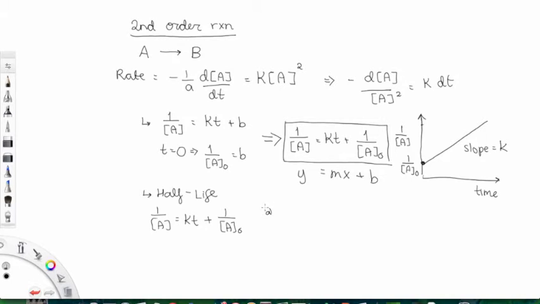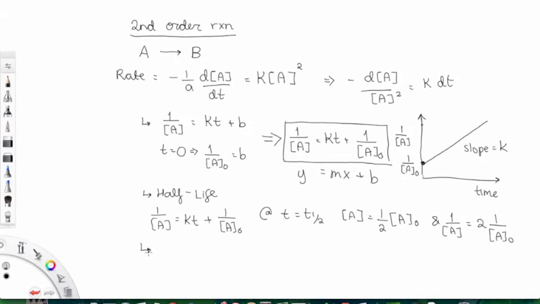At time T 1/2, we have the concentration of A being 1/2 of A0, and 1 over A being 2 times 1 over A0. So basically, as soon as you figure out the relationships based on the definition of half-life, you're going to be able to derive any of these equations.